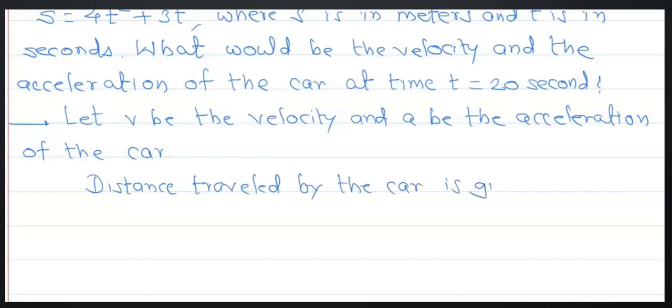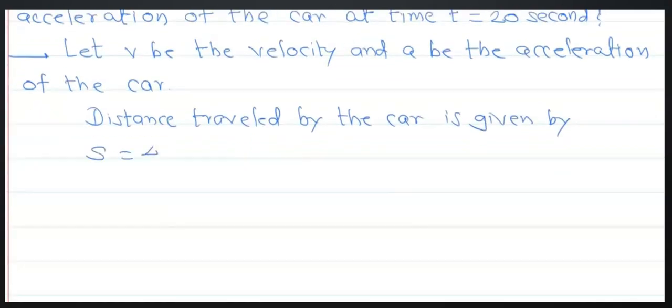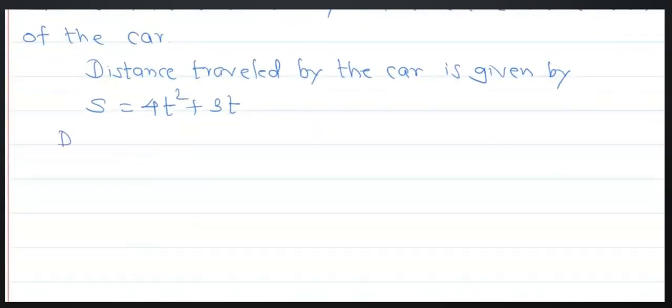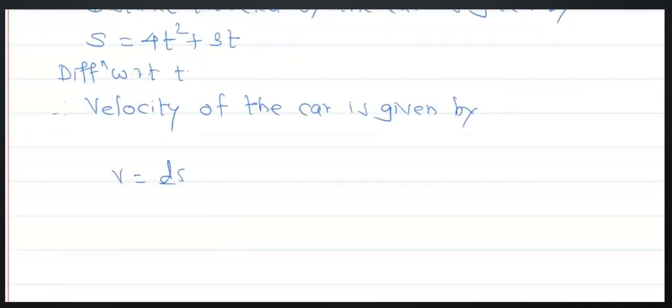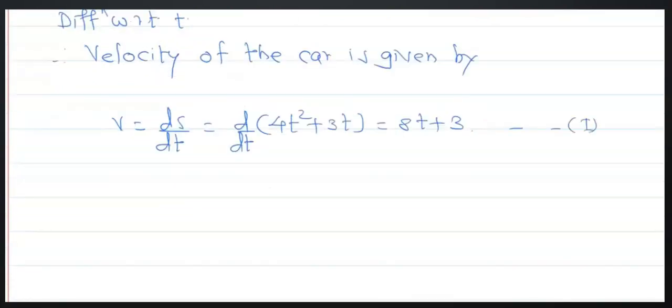Therefore, the distance traveled by the car is given by s is equal to 4t square plus 3t. Differentiate with respect to t: the velocity of the car is given by v is equal to ds/dt, that is d/dt of 4t square plus 3t, which is 8t plus 3.